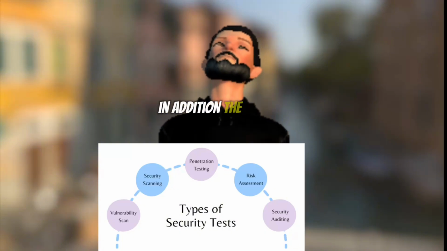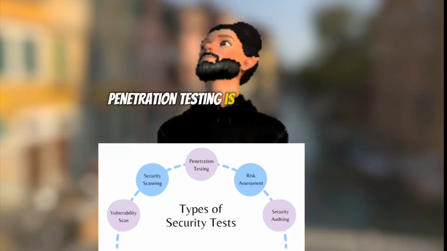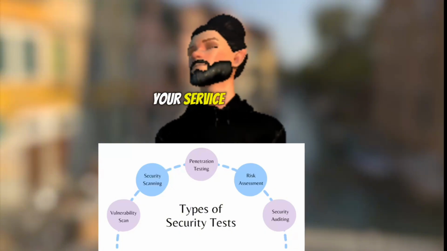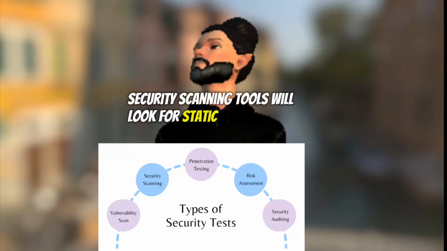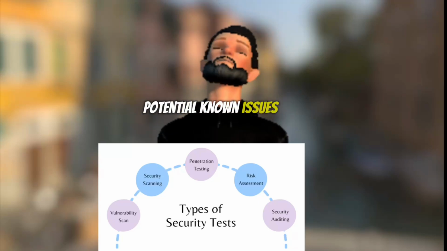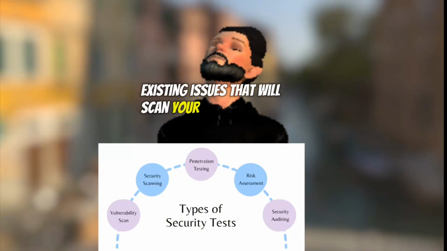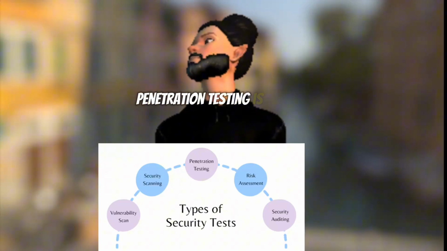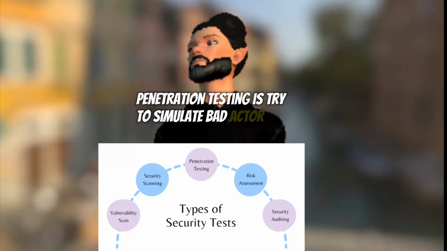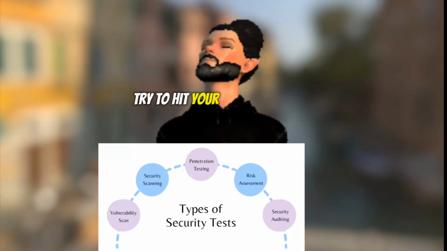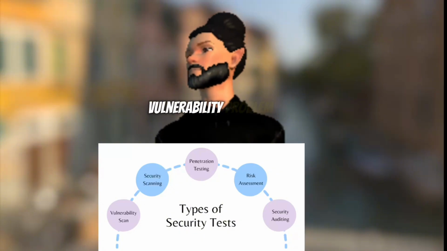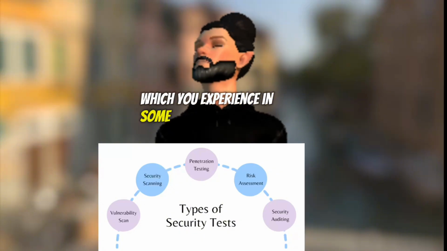In addition, penetration testing is intentionally attacking your own service. The vulnerability and security scanning tools will look at static code for potential known and existing issues. Penetration testing tries to simulate a bad actor, and you try to hit your service with the vulnerability problems you have seen in other applications.